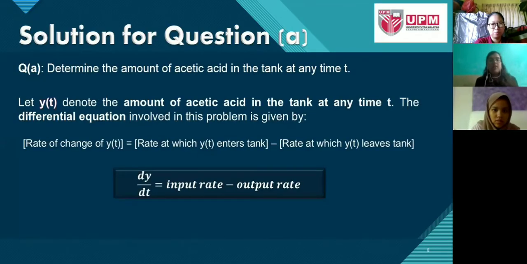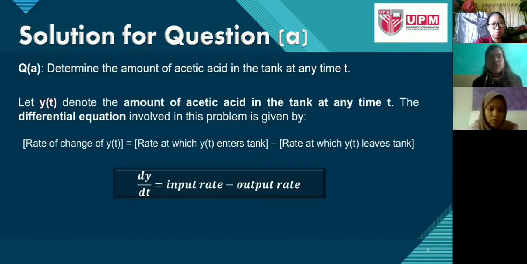Now let's discuss the solution for Question A, which is to determine the amount of acetic acid in the tank at any time t. To solve this, the first step is to let y(t) denote the amount of acetic acid in the tank at any time t.